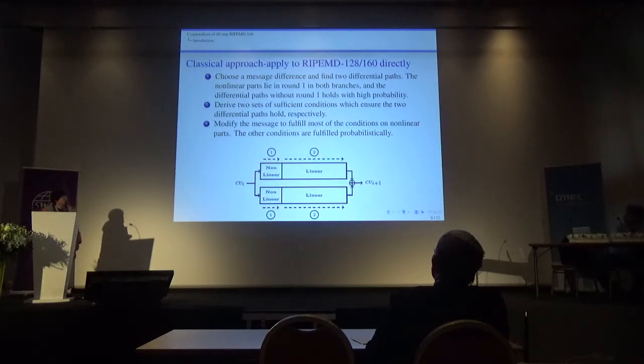They modify the message to fulfill most of the conditions on the non-linear paths. However, it is difficult to get a collision attack on RIPEMD-160 successfully by applying the classical approach.